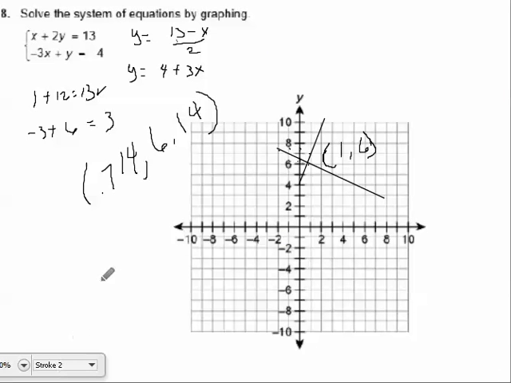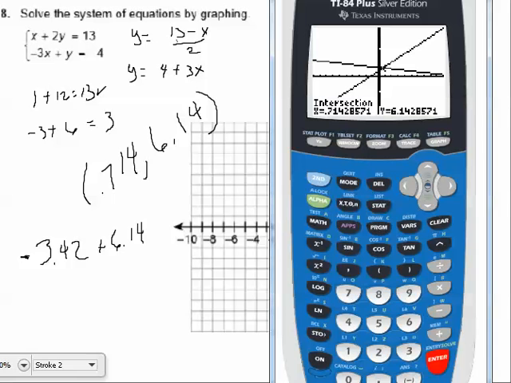Wow. So if I stick that in for x, negative 3 times 0.714 plus 6.14. Let's try that again.